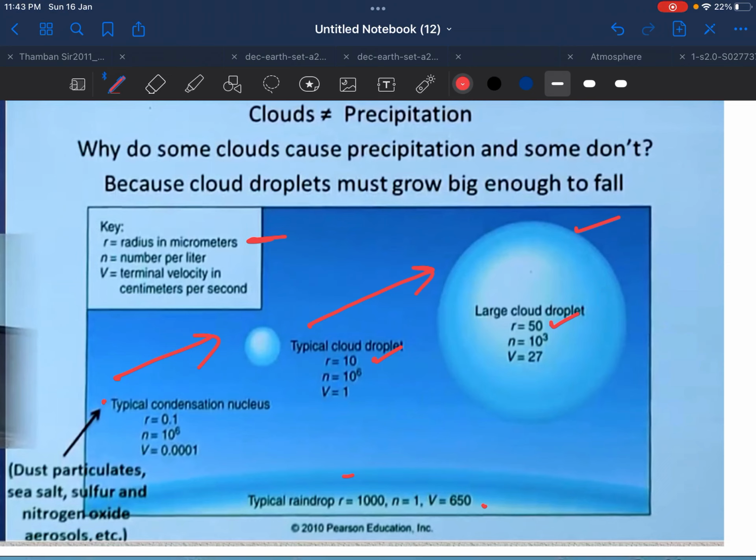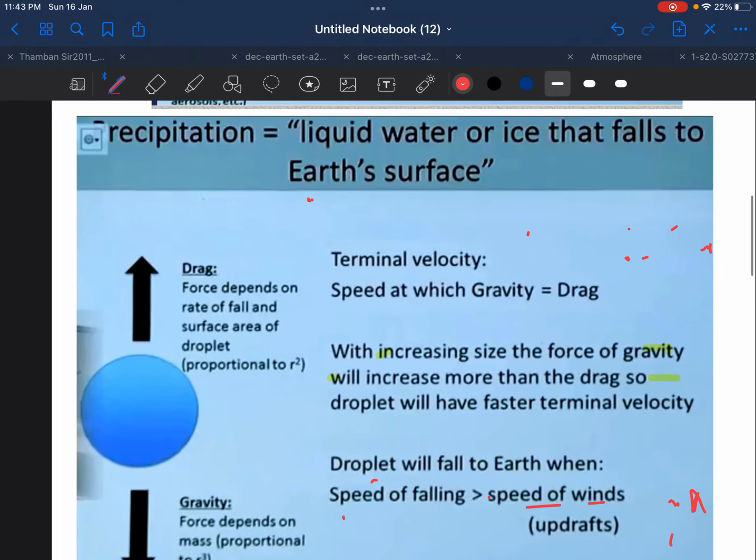But on top of all that, you can see this typical raindrop is 100 times bigger than a typical cloud droplet. And the terminal velocity is 650 for this. This V is terminal velocity. I will discuss in detail what terminal velocity is. Okay, is this clear? Moving to the next slide.